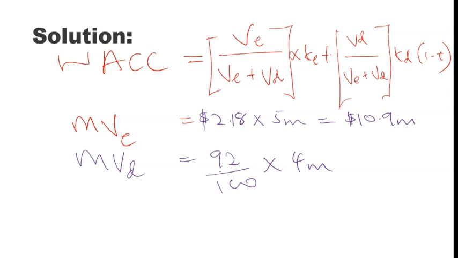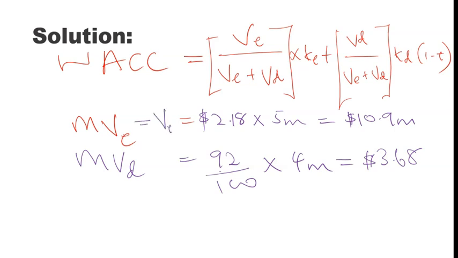$92 over 100 multiplied by 4 million is equal to 3.68. Okay, I want you to see something. Market value of equity in our formula is just equal to VE.